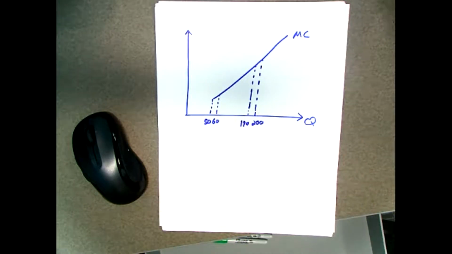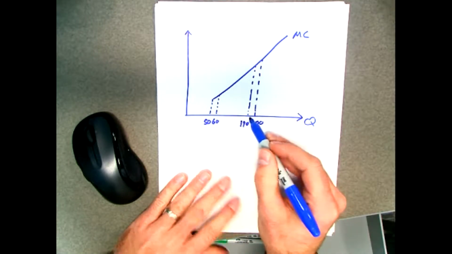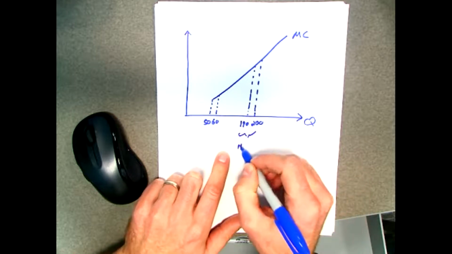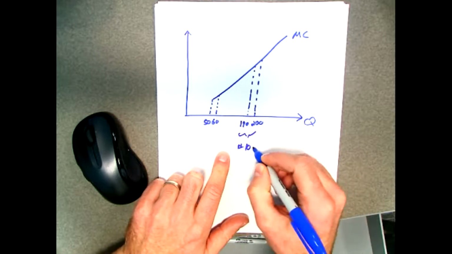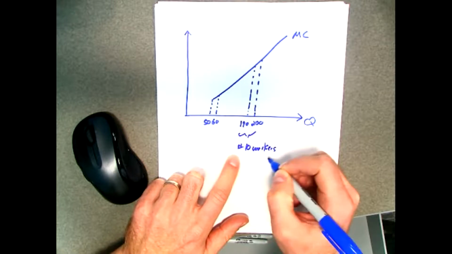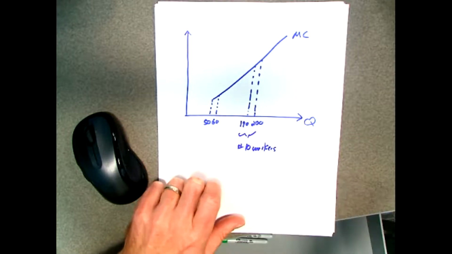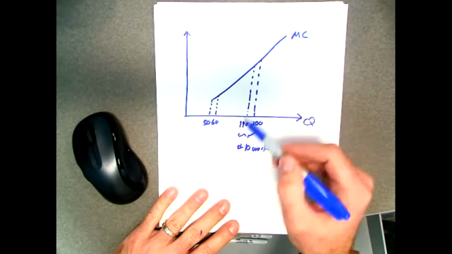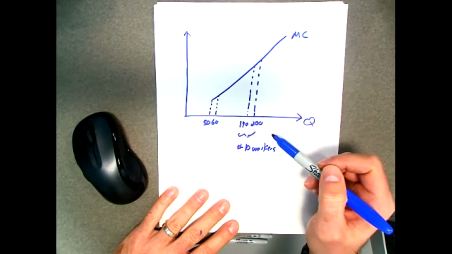Now I'm down to workers who can only produce one unit on their own. And so now to get these 10 additional units, the same increase in the number of units, maybe I need 10 workers. And I've got to pay them all whatever the equilibrium wage for this specific job is. And so my costs are much higher for these higher quantities.